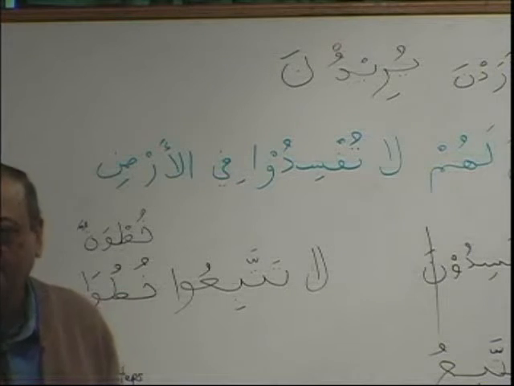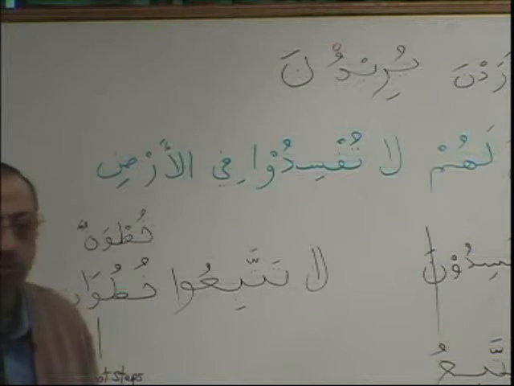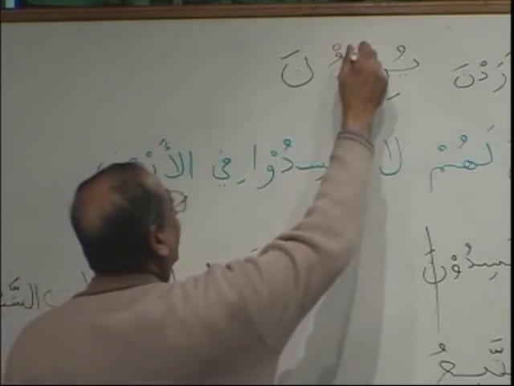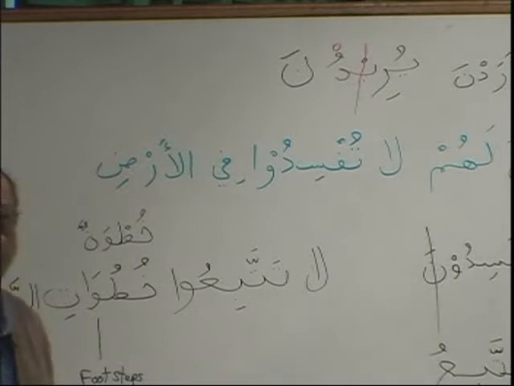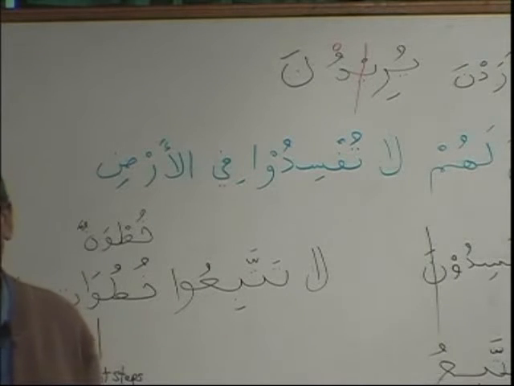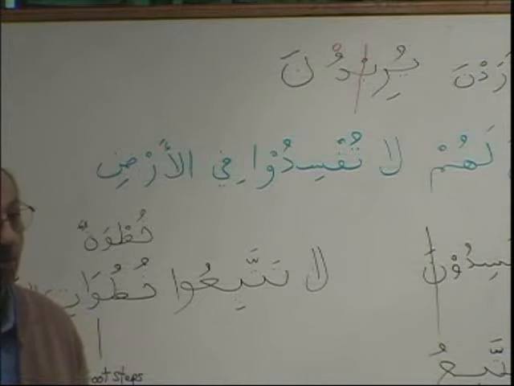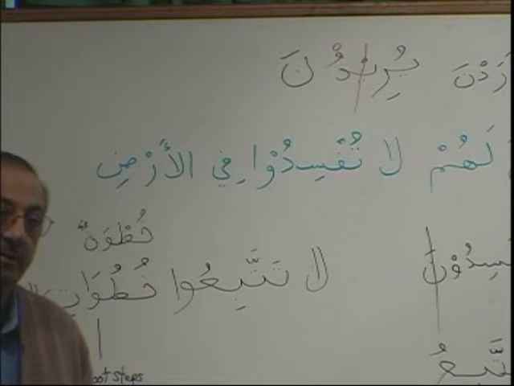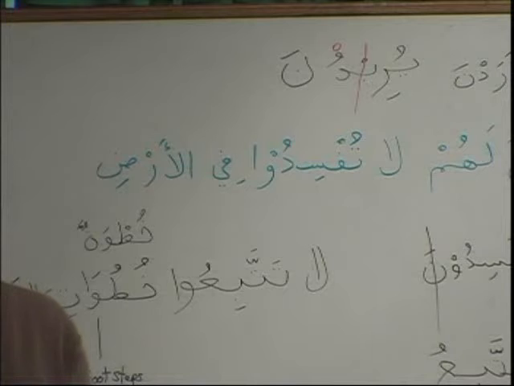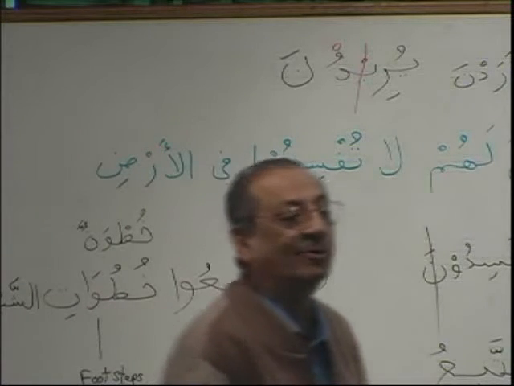Iltiqa as-sakinain, meeting of the 2 sukuns. That is not permissible in Arabic because you can't read them. So you drop the weak letter. If there is a ya or waw, you will drop it. So what is left now? Yuridna.